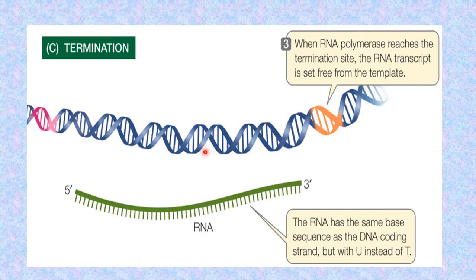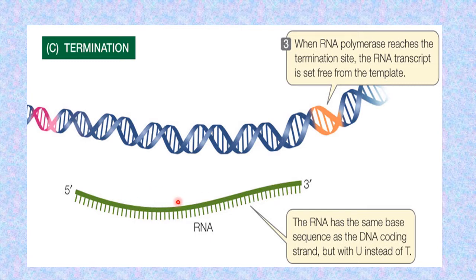Now I'm saying the gene or the cistron or the polycistron because that depends on what is the stretch of the DNA molecule that is supposed to be transcribed by the RNA polymerase that binds to the promoter region. Now this termination, we are coolly saying that once it reaches the termination site, it sets free this RNA transcript.